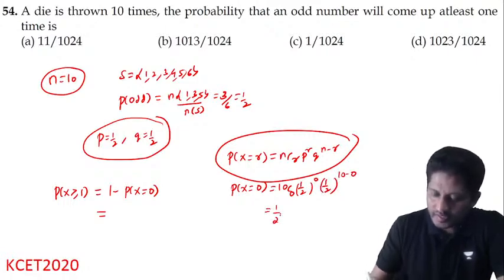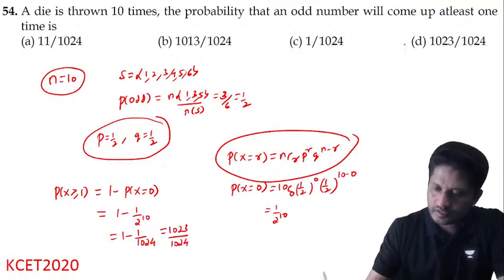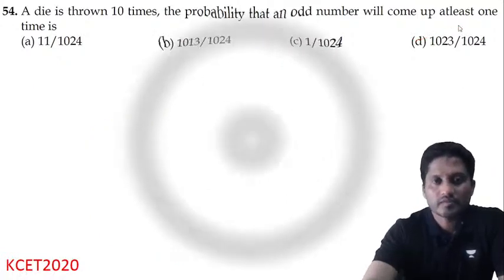This is 1 by 2 power 10. You get 1 minus 1 by 2 power 10. 2 power 10 is 1024. You cross multiply and subtract, 1023 upon 1024. Answer is option D. Let's move to the next question.